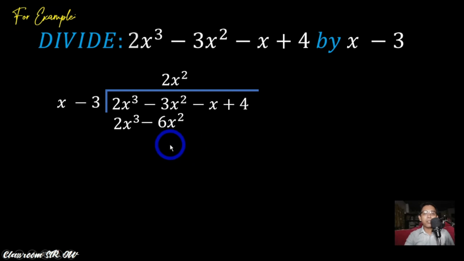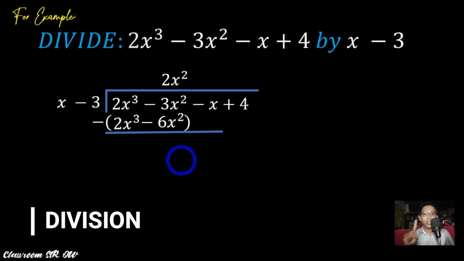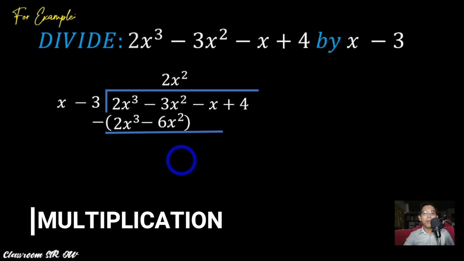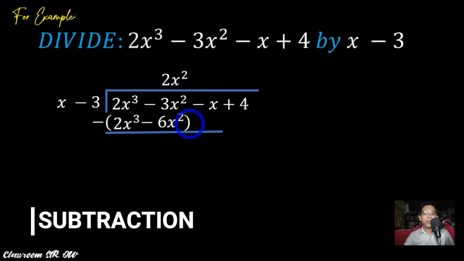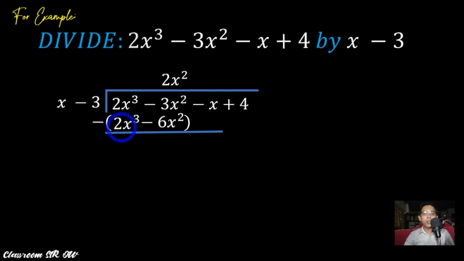And after that, we will subtract them. I want you to remember that the first operation is division, followed by multiplication, and then followed by subtraction. So if you notice, this is subtraction, so we will change the sign of the subtrahend.